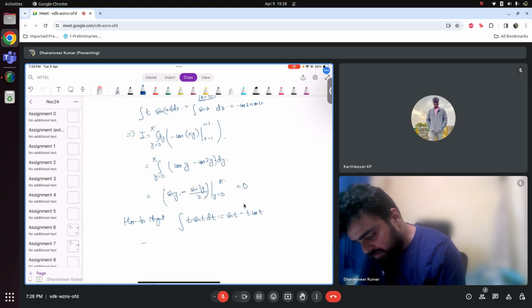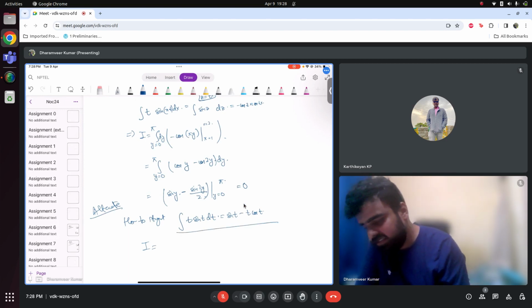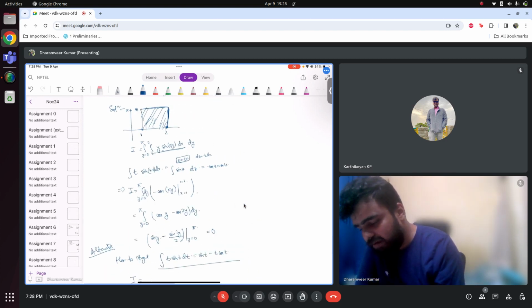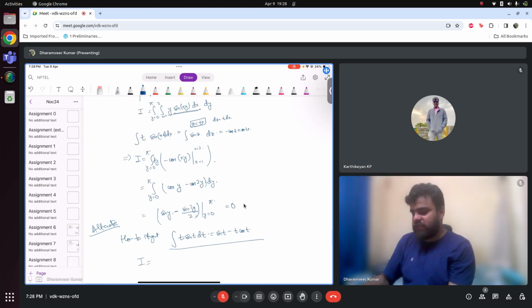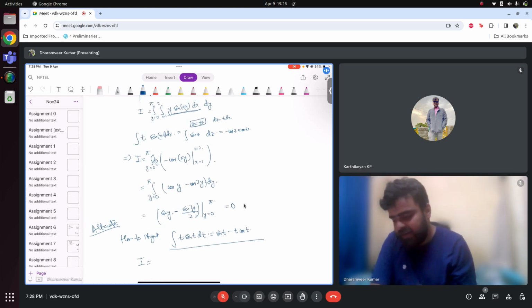So alternate way. First you have to borrow this. It's hard to prove this. Okay? It's not hard, but it's not a direct functional, like you have not used any trickery over here, just simple sine integral.